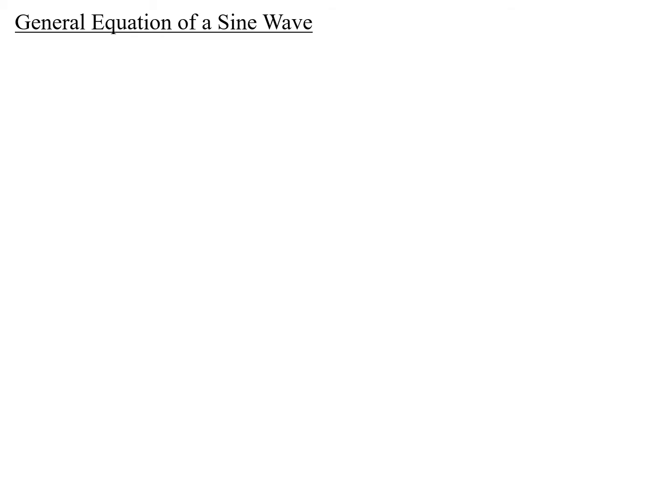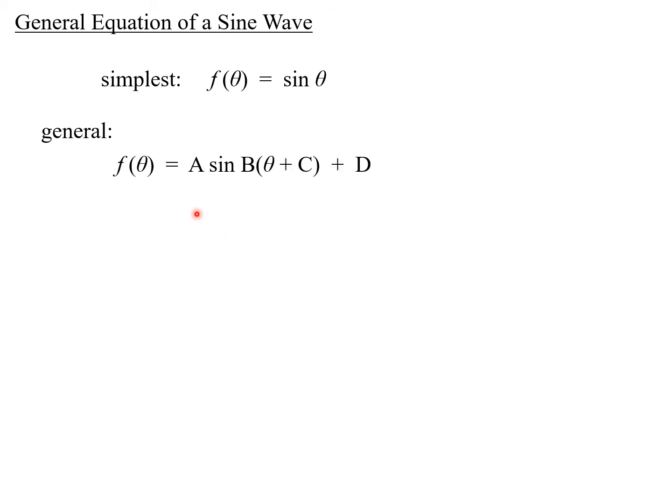Now I want to introduce the general equation of a sine wave. The simplest one will just be f of theta equals sine theta. But in general, we can insert a little more complicated stuff. We're going to call it this: f of theta equals a sine of b times quantity theta plus c, plus d. Now, what do these letters mean?